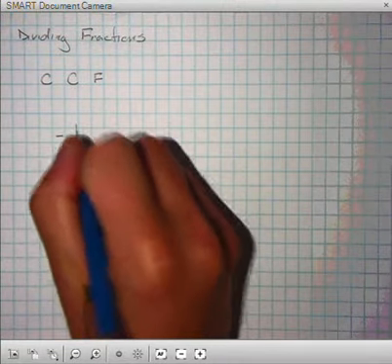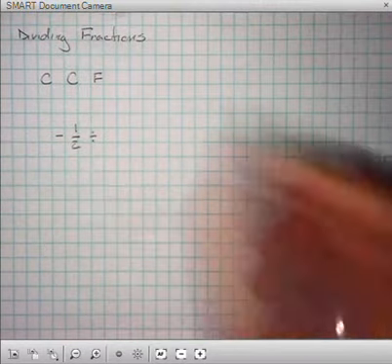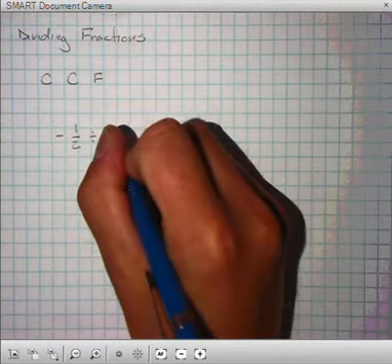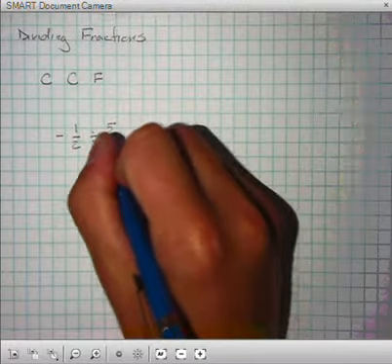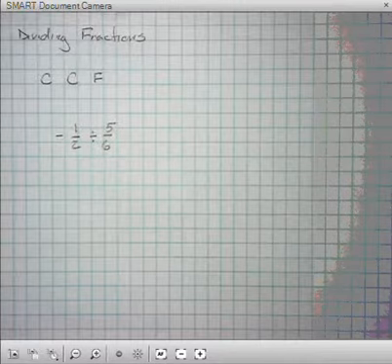We're going to take negative 1/2, and we're going to divide that by 5/6. We've got negative 1/2 divided by 5/6.